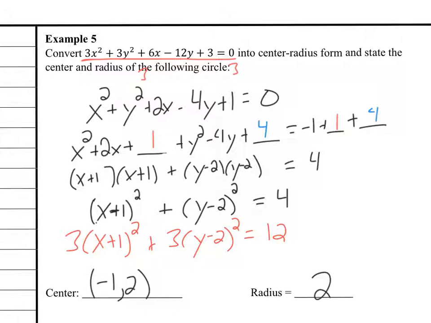And that would give me my equation. But if I wanted the center radius form so I could find the radius, I'd have to divide the 3's off, and then I'd be good to go. So that would look like dividing this guy by 3, getting just x plus 1, this guy by 3, getting just the y minus 2, and dividing 12 by 3 to get the 4. You get the idea. So don't forget, write your summary, get your practice problems done. Thank you very much.